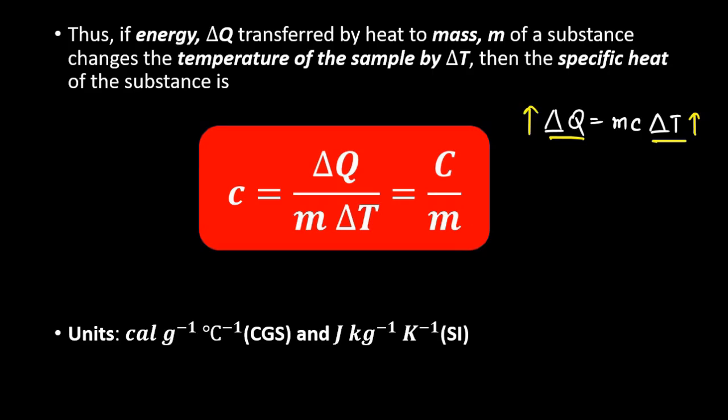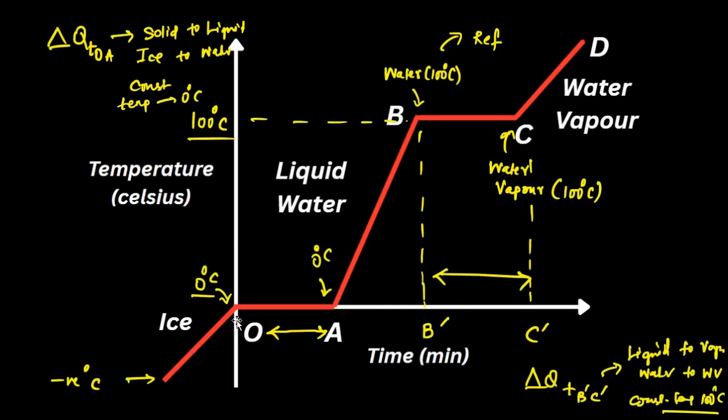So why at this particular point from O to A, even if we supply heat through the burner, does the temperature not increase and remain constant? And also why at this 100 degrees Celsius point, even if we keep on supplying heat, does the temperature not increase and remain constant at 0 degree Celsius?